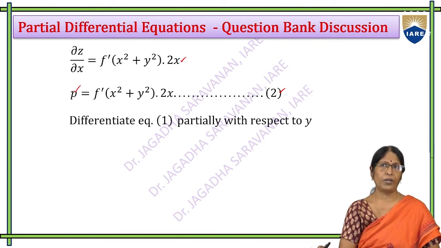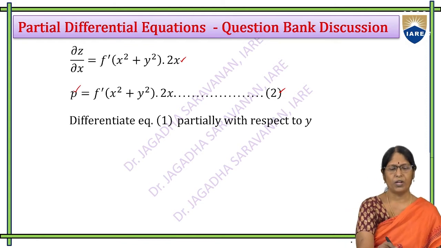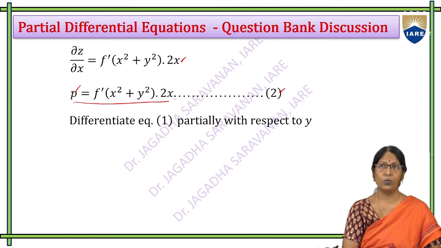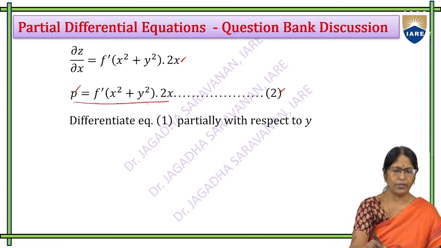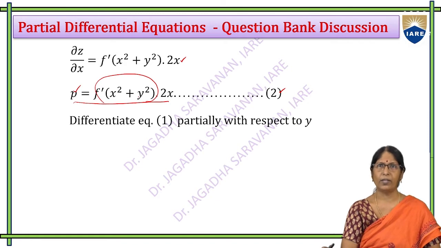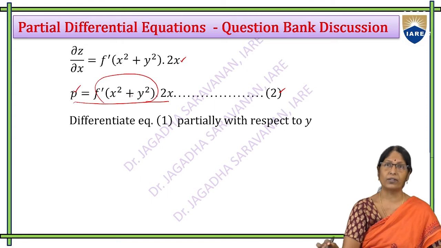The same similar treatment we will give with respect to y. The idea we have to see: when we do it with respect to y, compulsorily this term will be coming. Then there is a possibility of eliminating this particular term.